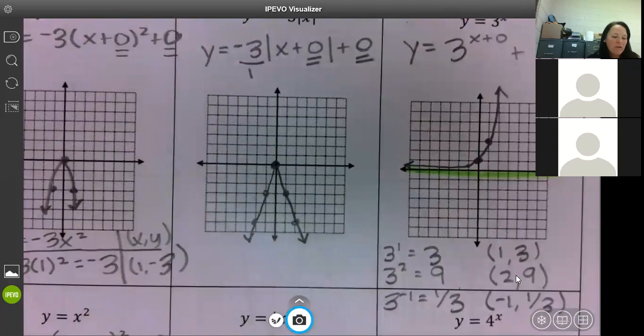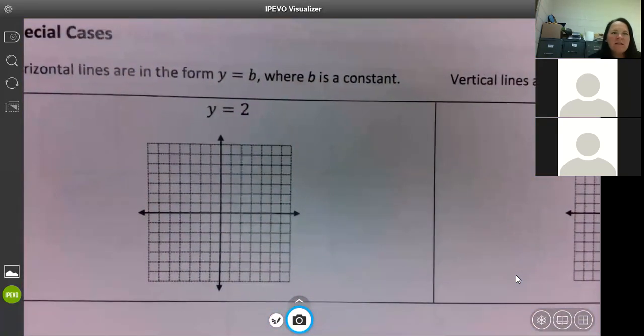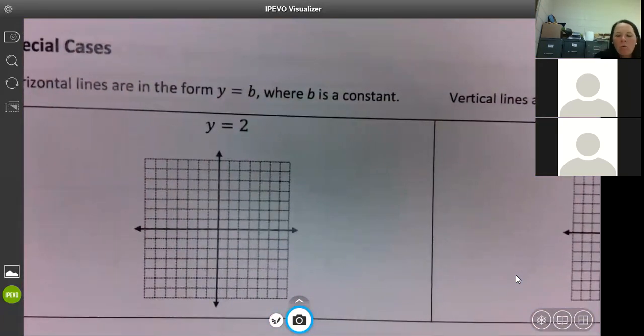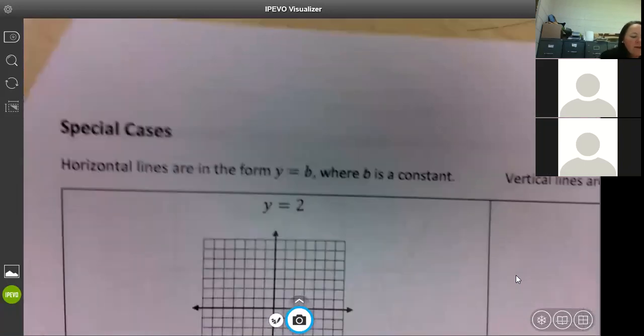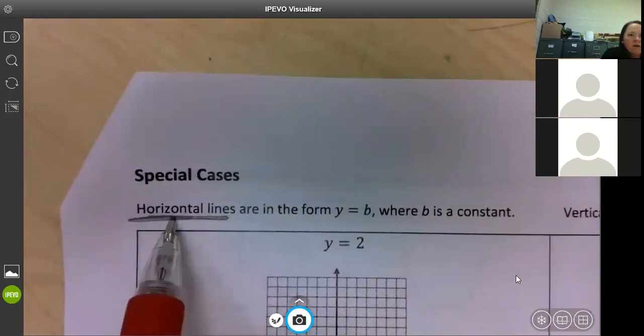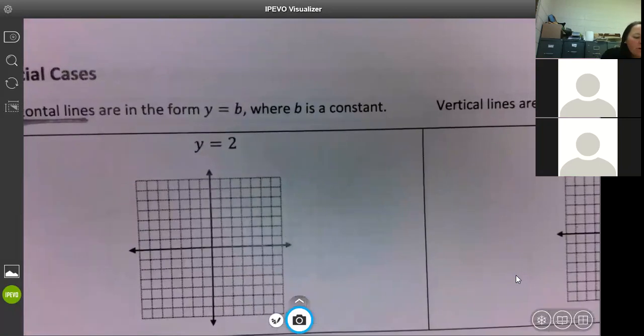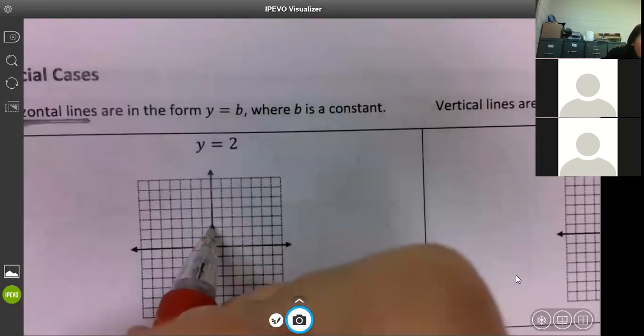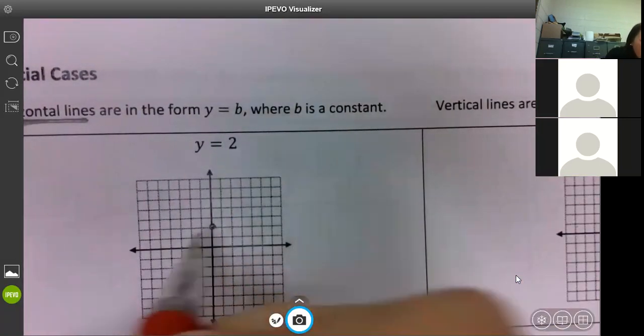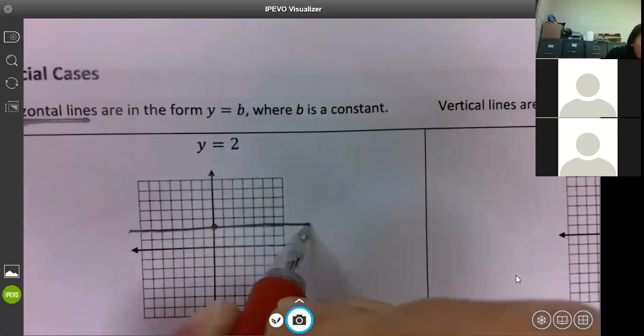All right, so we're going to move on to the next ones. And we have special ones, and these won't take very long at all. Y equals 2. If you guys look, it's going to be a horizontal line. So if y equals 2, I'm going to find 2 on the y-axis, which is right here. And then it's going to be a horizontal line.